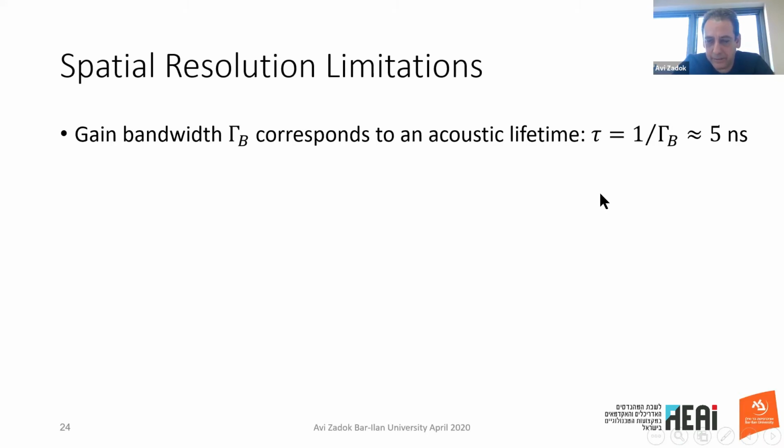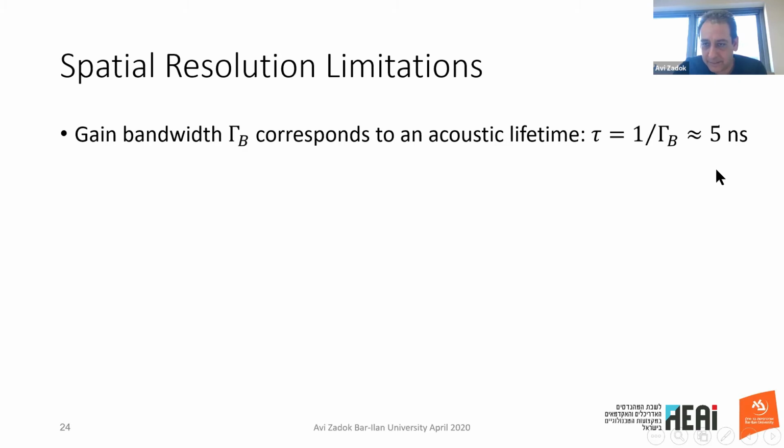If we look at the gain spectra we've seen before, they have a line width, gamma Brillouin, on the order of 30 megahertz. But this line width carries additional implications. The inverse of the line width, tau, 1 over gamma Brillouin, is lifetime. We need so many seconds to drive the acoustic waves.